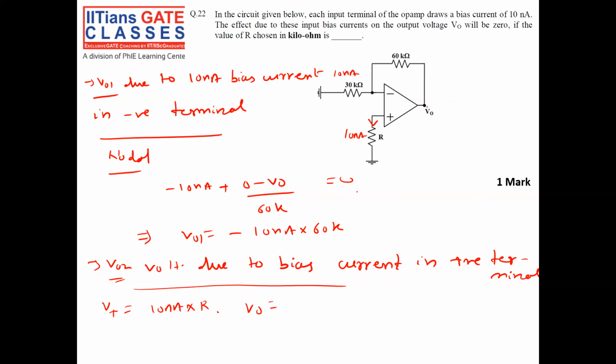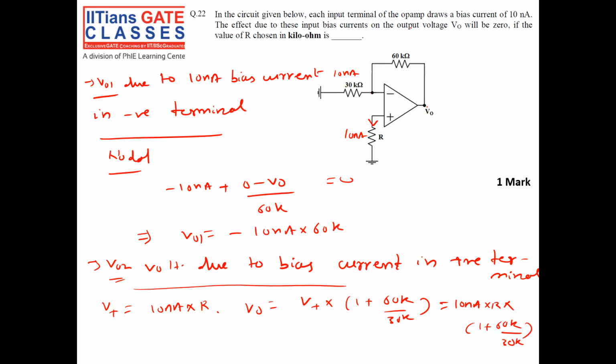V0 is V positive into 1 plus R2 by R1, right? 60K by 30K. So how much will it be? Equal to 10 nanoampere into R into 1 plus 60K by 30K, right?